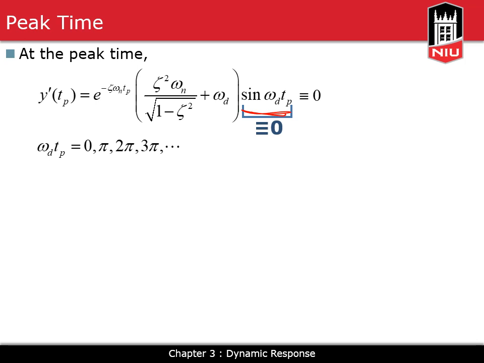That sine of omega d Tp will be 0 if omega d Tp is either 0 or 180 degrees or 360 degrees, or the other angles equivalent to these. In radians, those will be 0 or pi or 2 pi or 3 pi and so forth. 0 will actually be corresponding to time 0. That's not what we're looking for. The first non-zero time where a peak occurs, or a maximum or minimum in the response occurs, is when omega d times Tp equals pi.